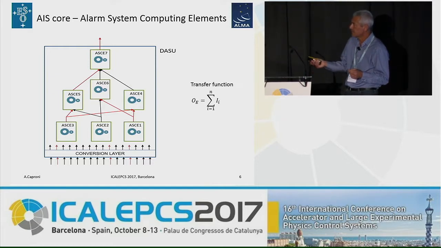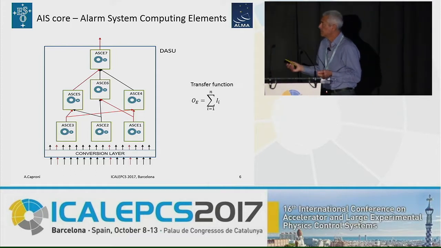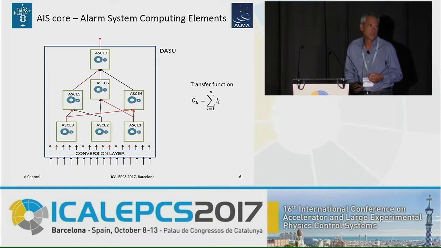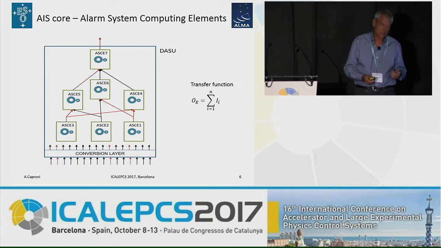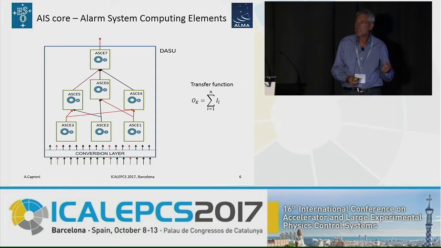It is read from the configuration database, loaded at runtime, and associated to a proper computing element. The integrated alarm system will provide the most common transfer functions, like, for example, if you have a temperature with a threshold, this is something we can provide.